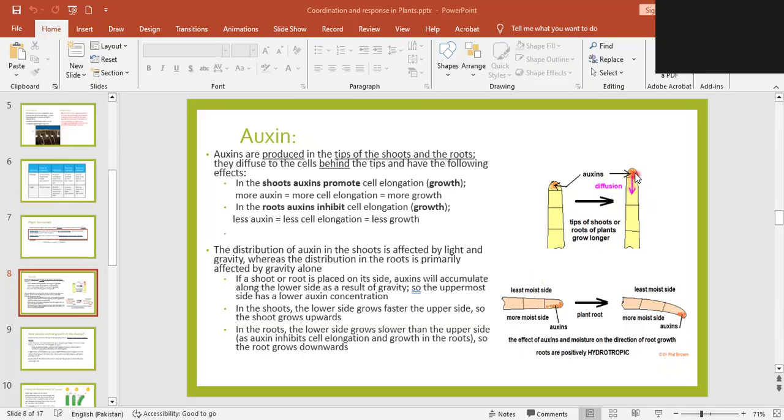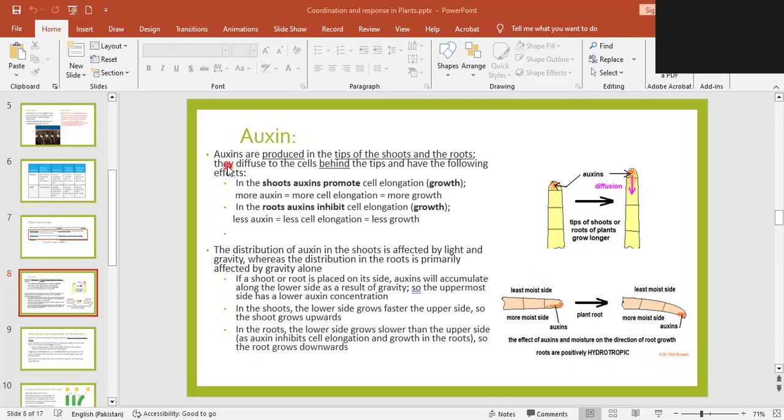They will diffuse and they will initiate the cell elongation, right? What they are doing is activating the cell elongation, or promoting the cell growth. And hence, in the end, what is the conclusion? The tip will extend upward. This is how auxin works.